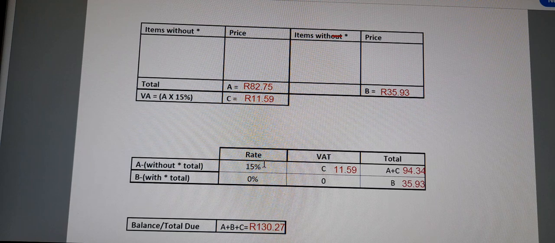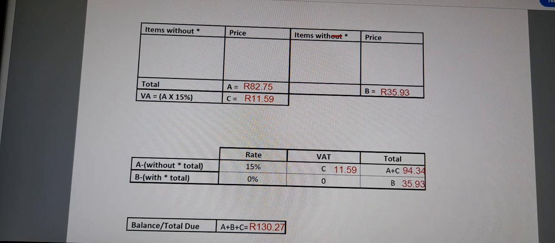In this case, it's 14% for us, and 0%. Then here you put C, and then here is A plus C. You get that from the table, and then B, you also take it from the table. A plus C, you have to take A and add it to C and get your answer. Okay, then after this table, you can answer any question that comes.